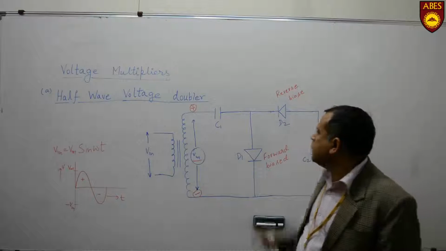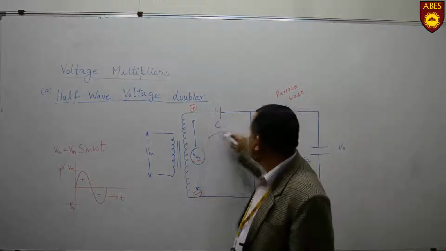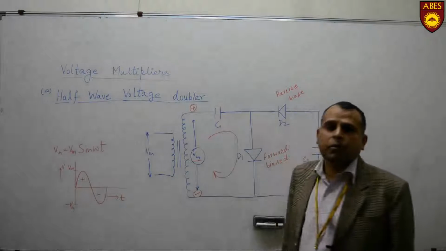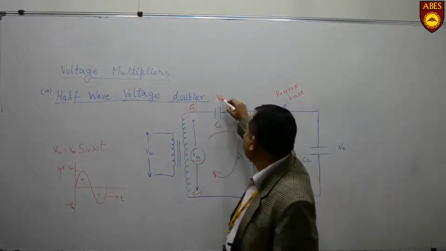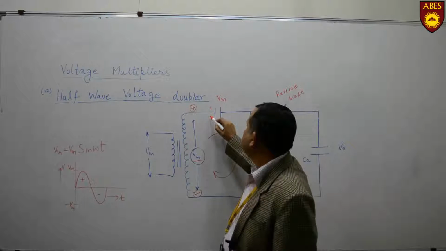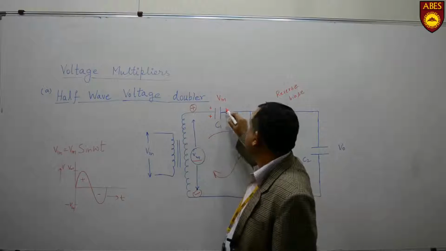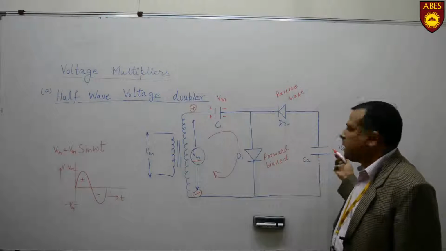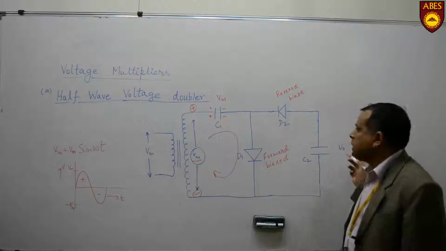In this condition, this capacitor will be charged with the peak value of the input signal, which is Vm. You will not get any voltage at the output in this condition.